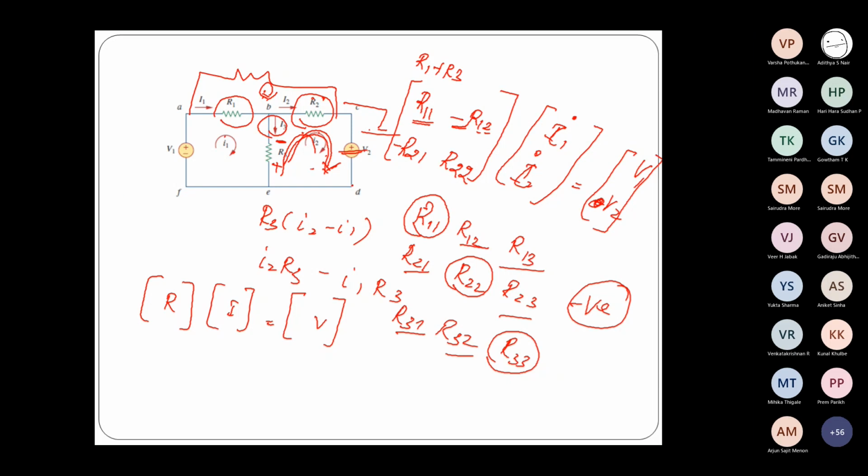One more thing, if you have more than one voltage source in a loop, then we have to find the summation or difference of those voltage sources, depending on the current direction, whether it is a rise or drop. Okay, so directly I can write the matrix for any given DC circuit.